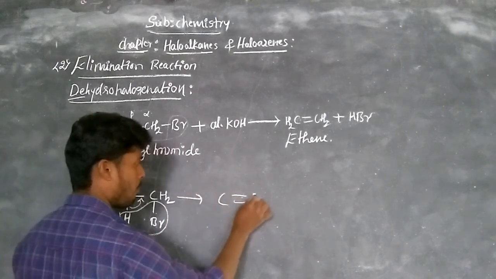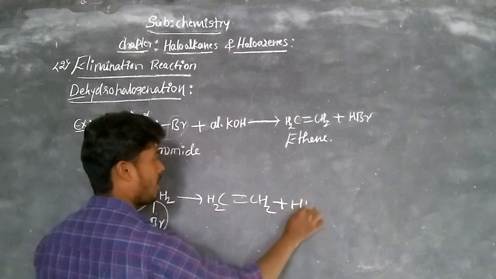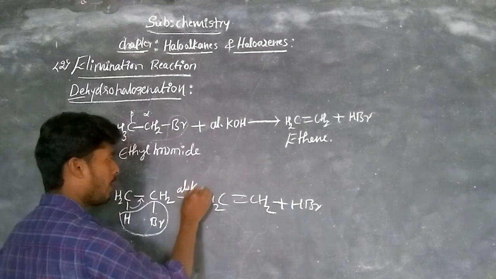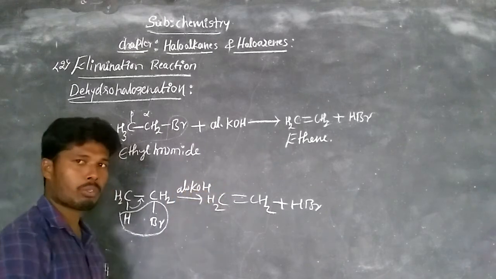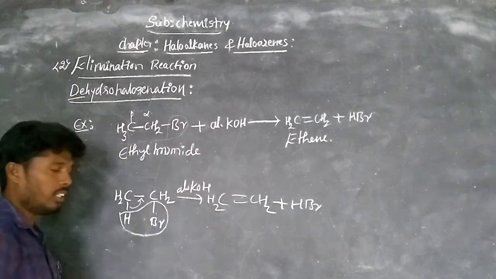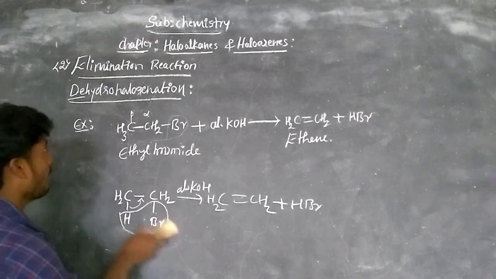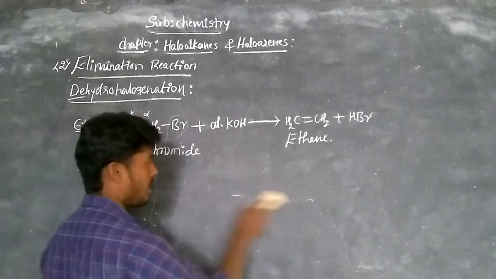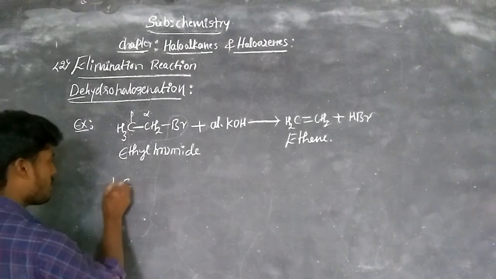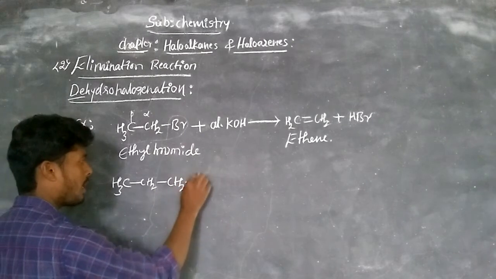CH2=CH2 plus HBr. This reaction takes place only in the presence of what? Alcoholic potassium hydroxide or alcoholic sodium hydroxide. Without this base, the reaction does not take place. This reaction is called dehydrohalogenation.